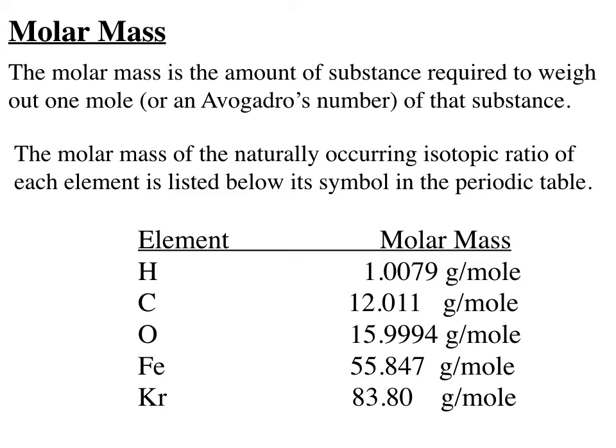Carbon-12 constitutes over 98% of all carbon atoms that you scoop out of the ground, but there's a smattering of 1% of carbon-13s, which have an extra neutron and are slightly heavier. So when you weigh out a mole of carbons, we're not going to separate the carbon-13s from the carbon-12s because they have the same number of electrons.